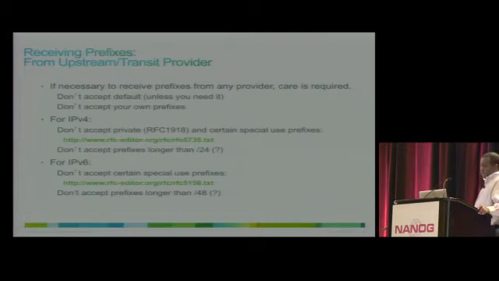Again, when you receive routes from transit providers, it's important to make sure that you do filtering. Make sure that you are not receiving private IP addresses. Make sure you are not receiving bogons that are maintained by Team Cymru. For IPv6, also make sure that those prefixes are not in the list shown there.